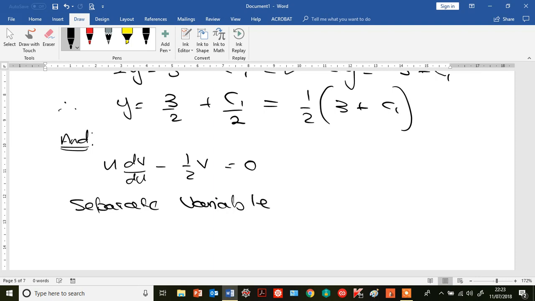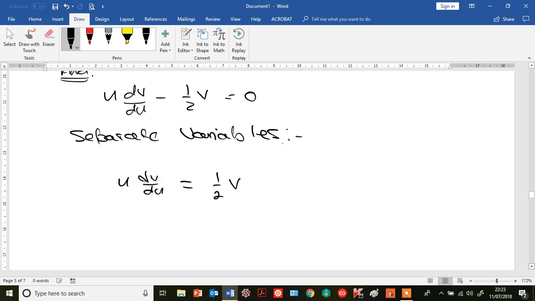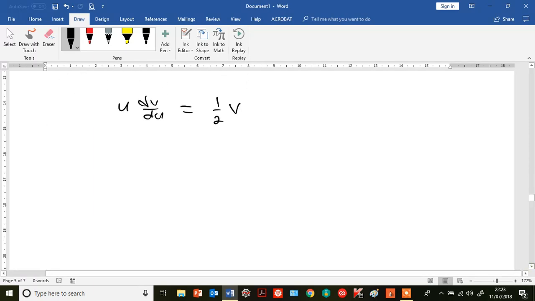If we do that, we've got u dv by du is equal to a half of v, and of course all we need to do now is divide both sides by v and multiply both sides by du, but we also need to divide both sides by u as well.